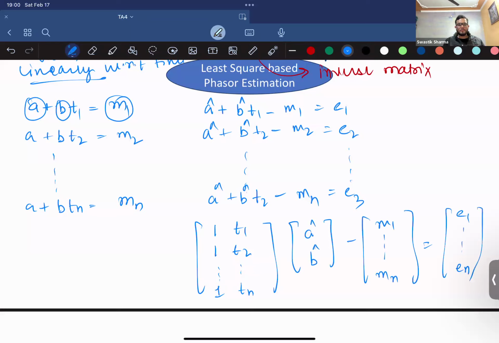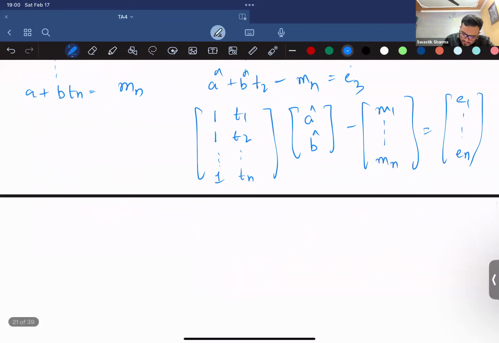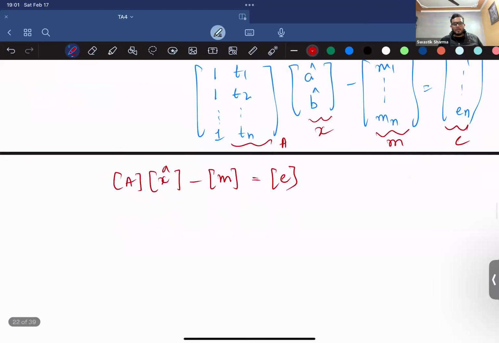I can always denote my system of equations in matrix form. So let this matrix be A, and let this be your estimate X cap. This is M, and this is E. So you can write: A X cap minus M equals E, right?